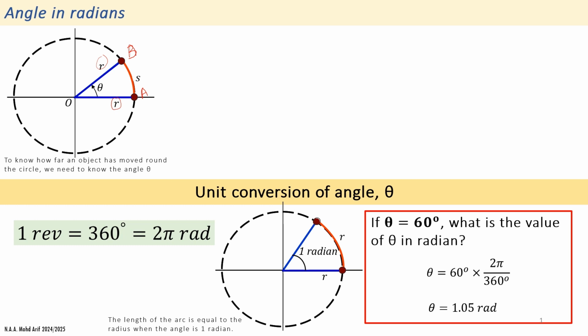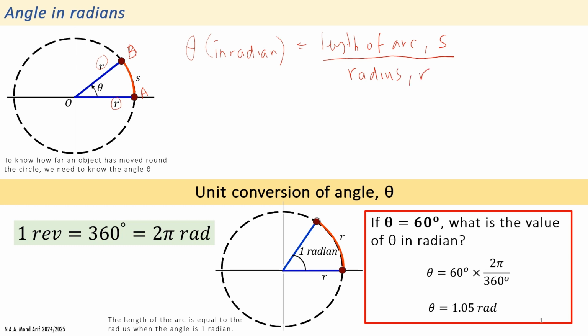So if an object moves a distance s, from A to B, around a circular path of radius r, its angular displacement in radians is defined as angle in radian, theta, equal to length of arc, which is s, divided by radius r.